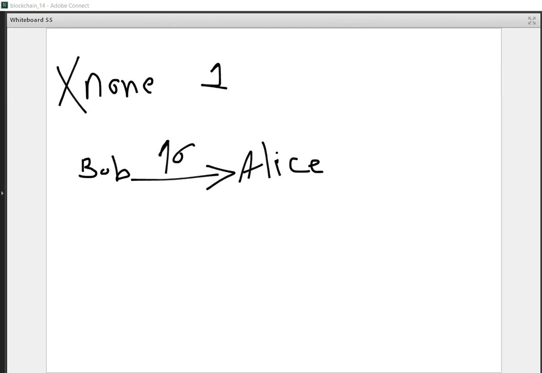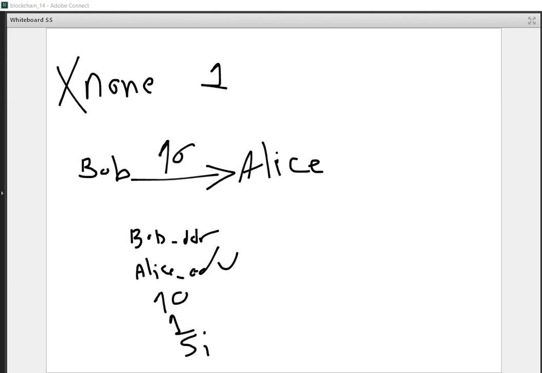If we don't have the nonce, in our transaction we have Bob's address, Alice's address, 10, 1, and the signature.